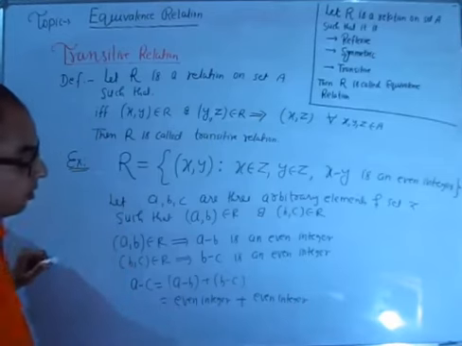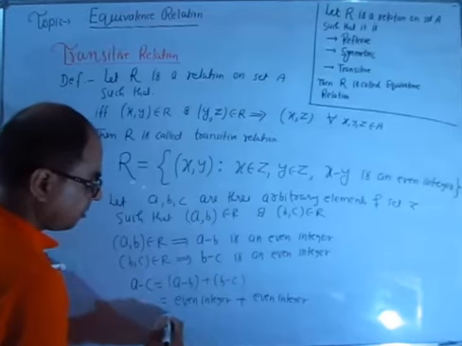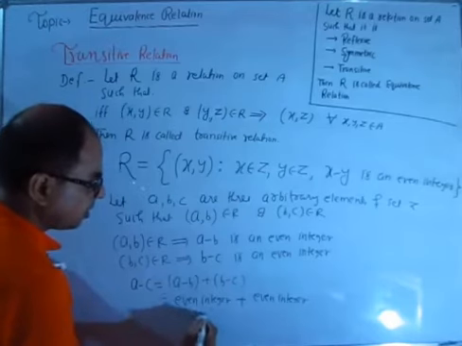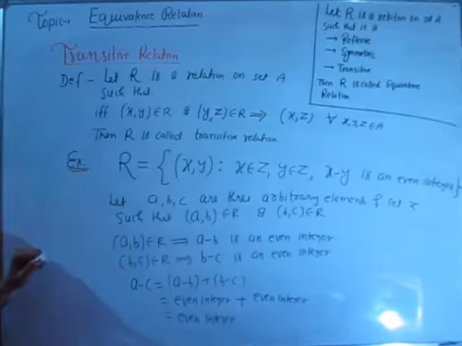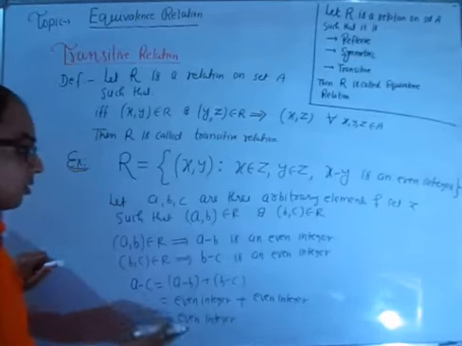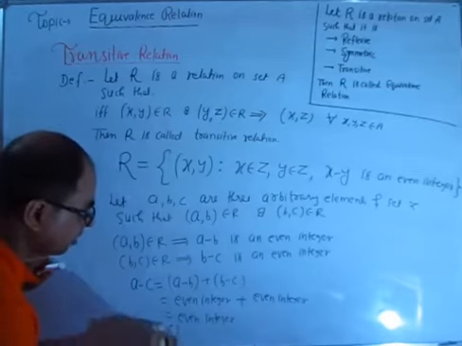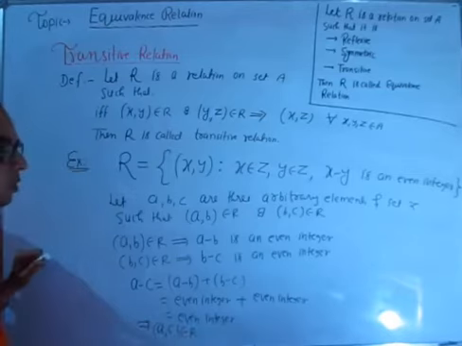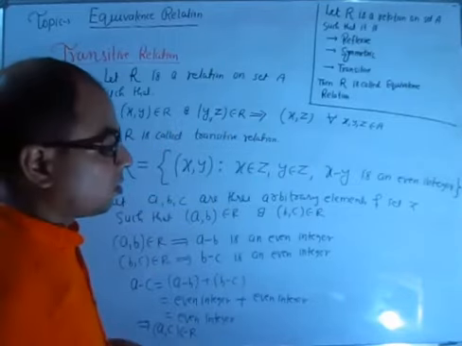And by simple number theory, even integer plus even integer gives an even integer. Sum of even integers is an even integer. So we have proved that A minus C is also an even integer. So we can say that A is related with C. So it is a transitive relation. Clear?